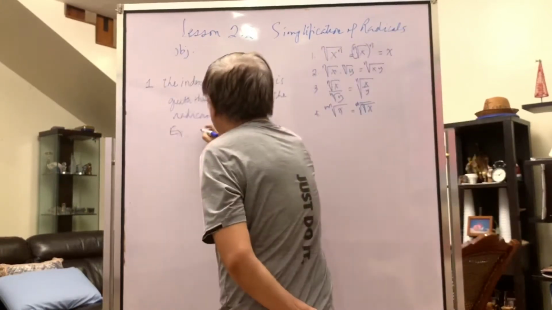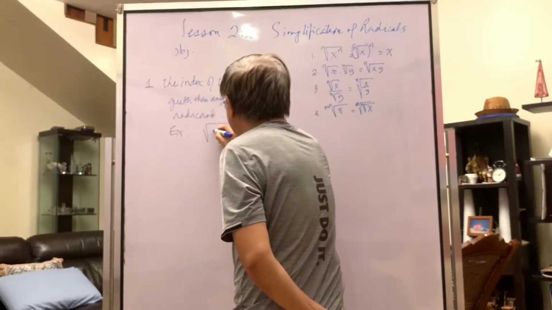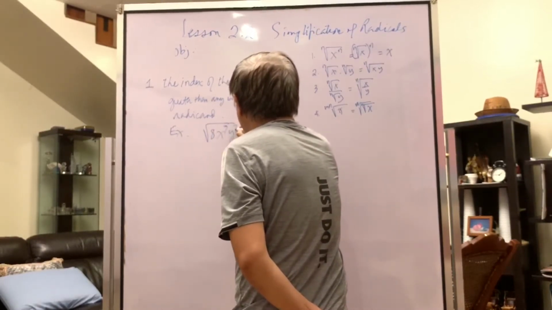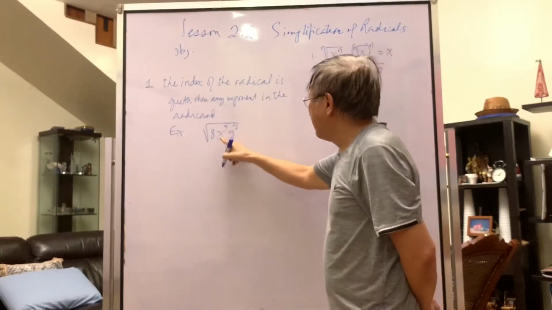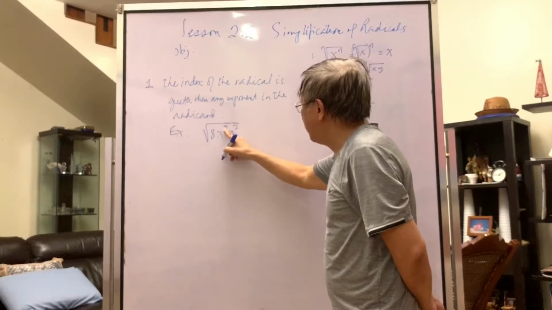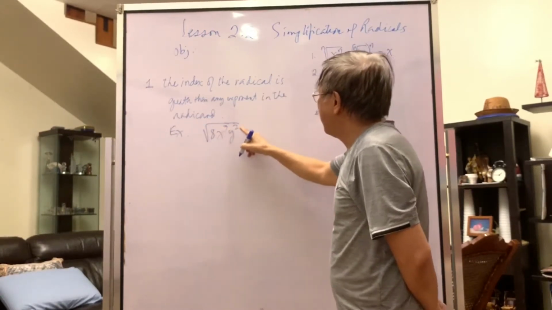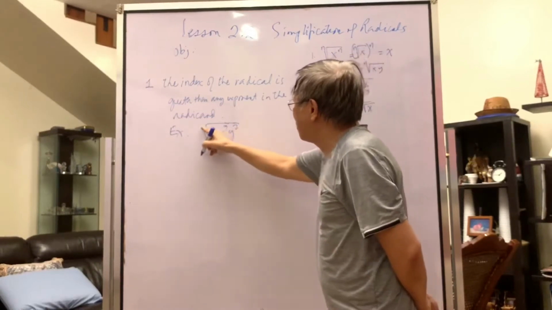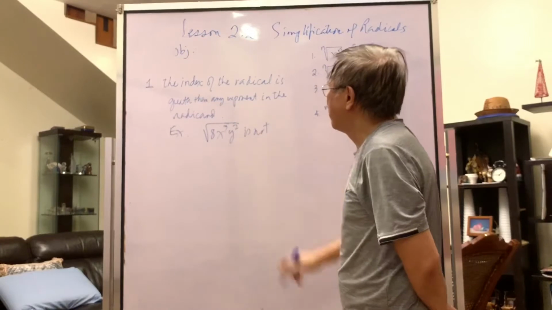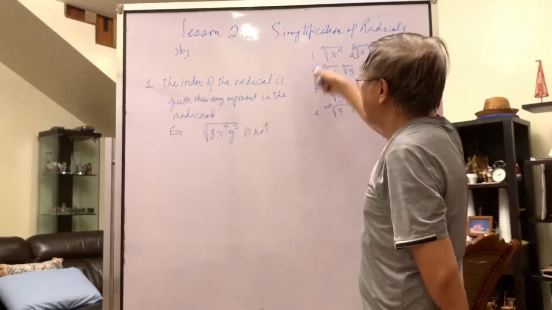Example, this one is of index 2 and we have here 8 x cubed y squared. This is not in simple form because this exponent here is greater than 2 and this one is equal to 2. So we need to simplify this using any of these laws.